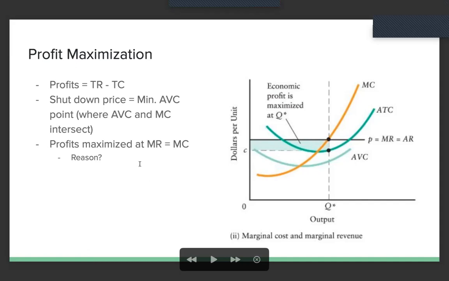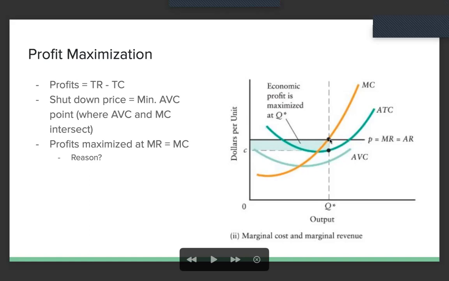And profits are maximized at marginal revenue equals marginal cost. The reason for that is very logical. We have marginal revenue equals price equals AR in this case. So this horizontal line is the marginal revenue.